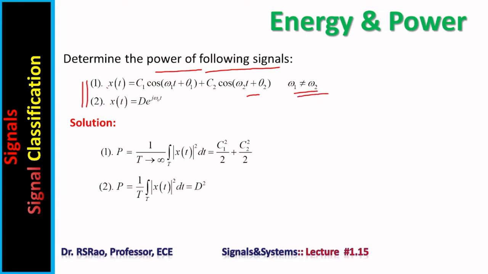Using the expression x of t in the definition of power P, one can find it equal to C1 square by 2 plus C2 square by 2. The second signal is x of t equal to D e power j omega naught t. Substituting in the definition of power, P can be obtained as D square.